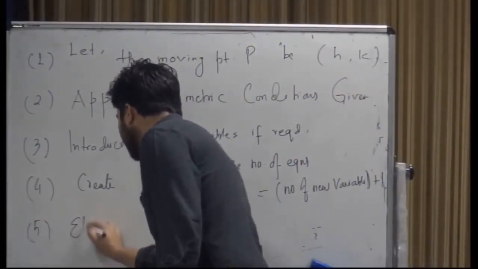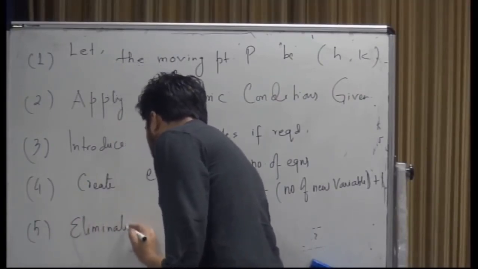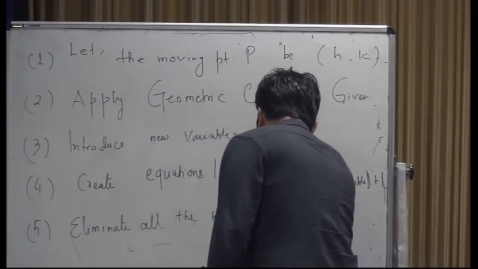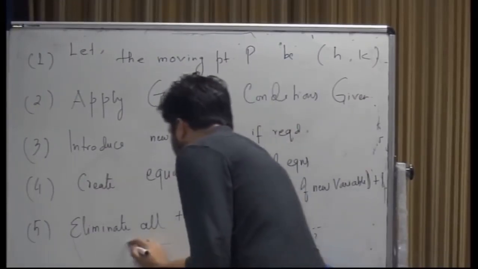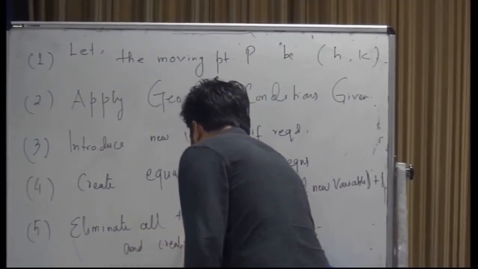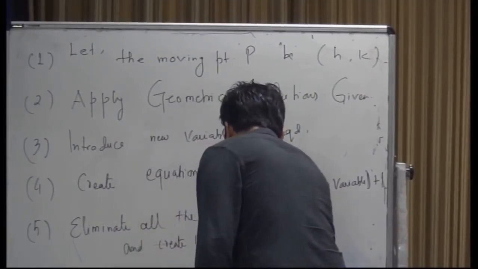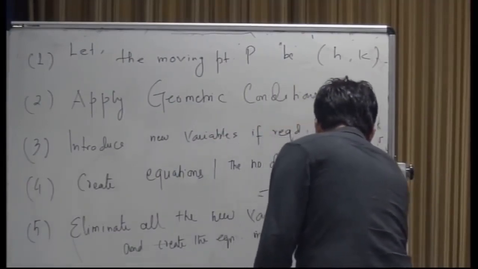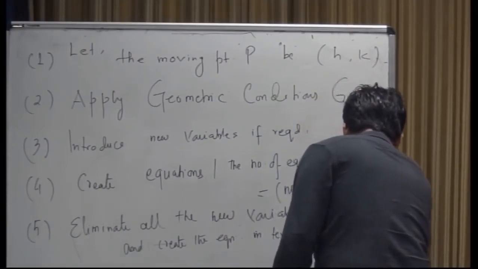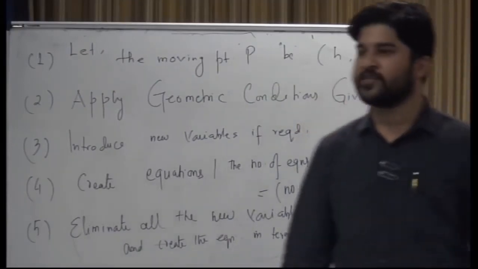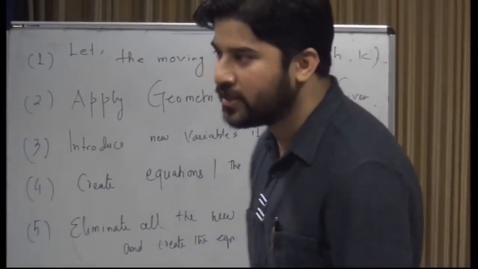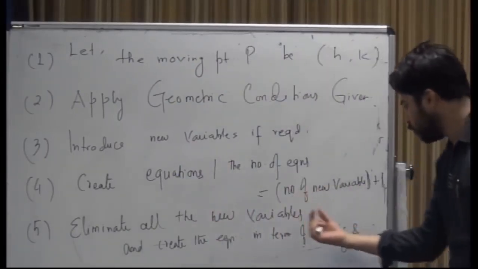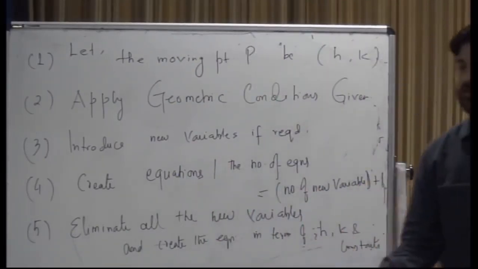Fifth, eliminate all the new variables, not h comma k. Eliminate all the new variables and create the equation in terms of h, k and constants. After eliminating all the variables, what you got is one equation in which you have h, k and constant.